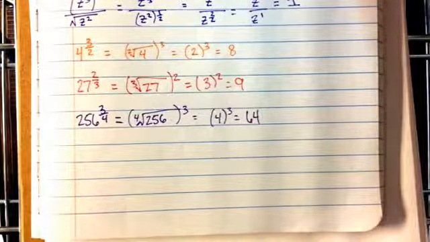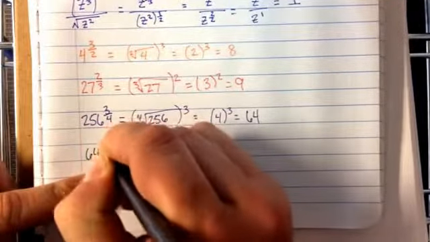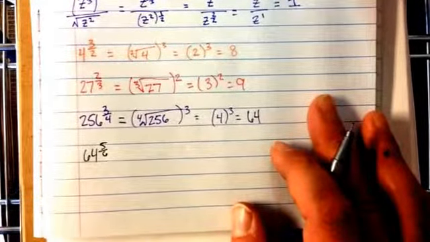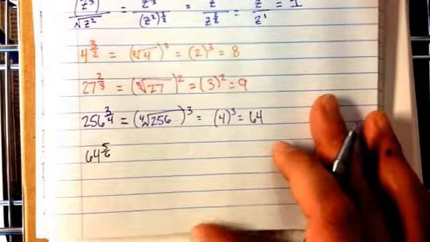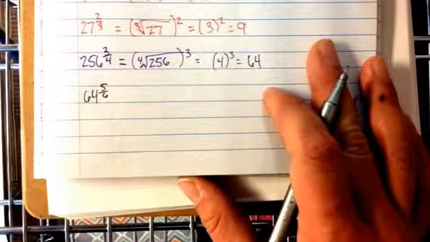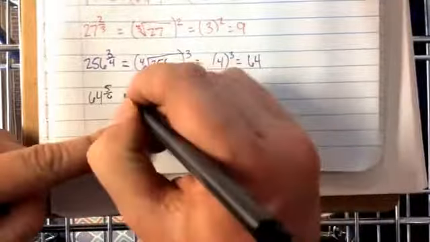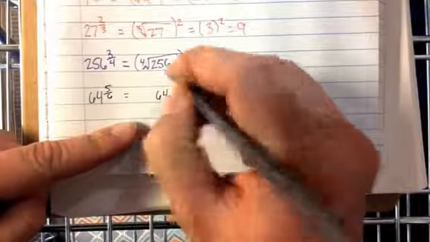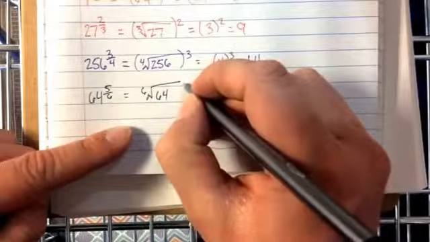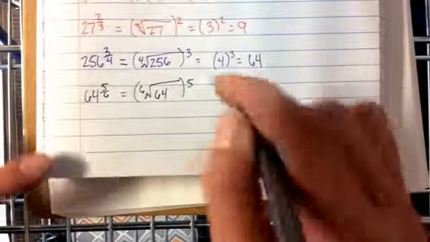Let's say we had 64 to the 5/6. How do we translate 64 to the 5/6? Sam? 64 is the radicand. 6 is the index. And 5 is the exponent.